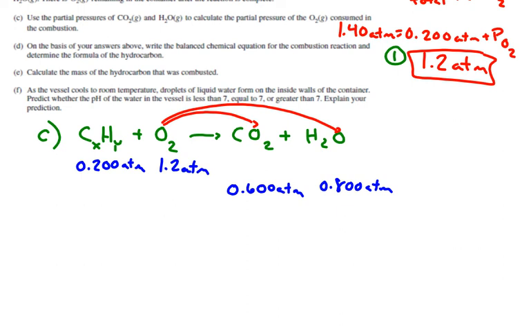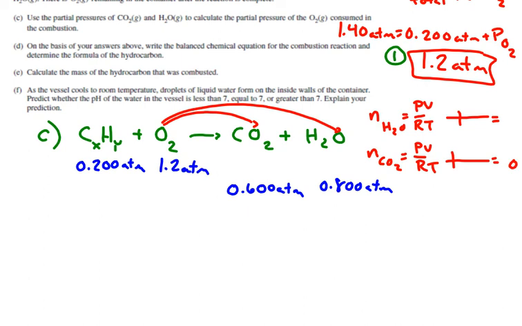Last hour, what I did is I plugged in, I actually did this for both, and I found this, and I found this. And then after I got the moles, I found the amount of moles of O2, and I'm going to show you this part right now.